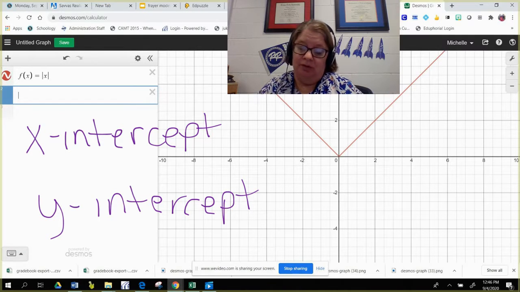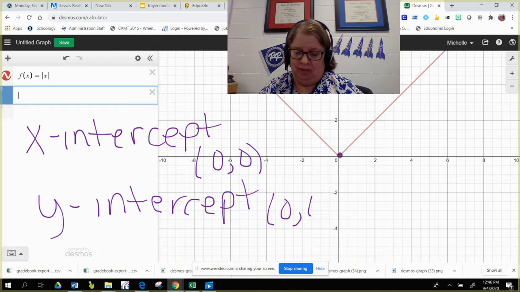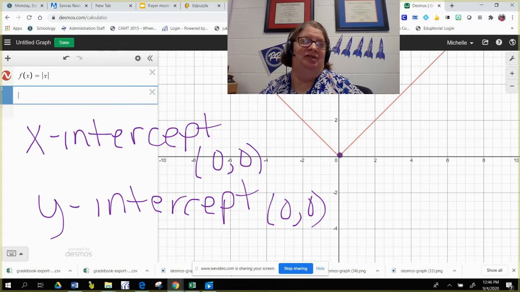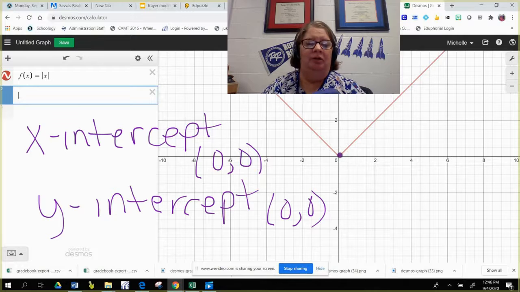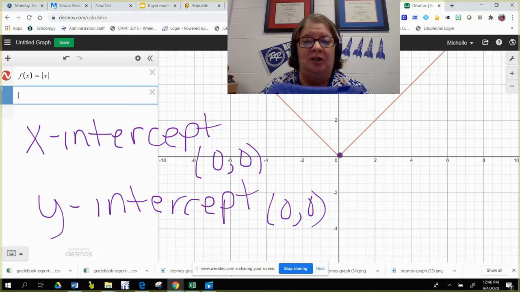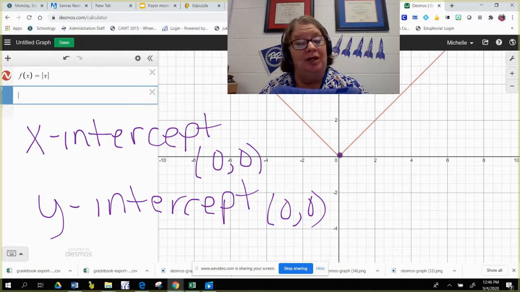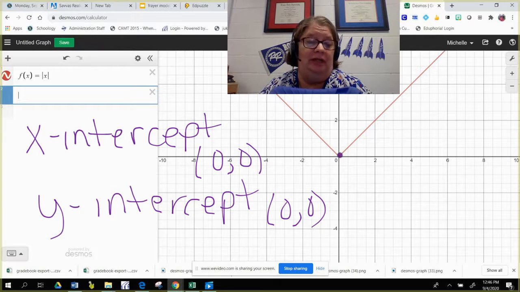You'll notice this graph intersects the x and the y-axis at the point 0, 0. And we're listing that point as an ordered pair with the x value first and then the y value. So the domain is negative infinity to positive infinity. The range is y is greater than or equal to 0. The x-intercept is 0, 0. The y-intercept is 0, 0.